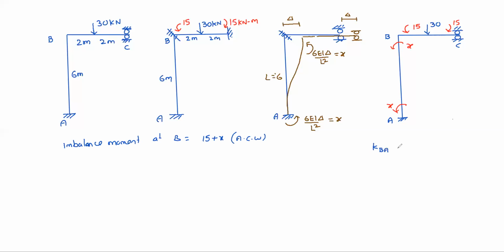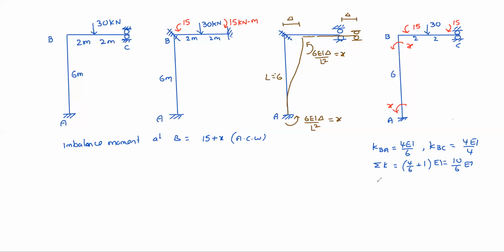KBA equal to 4EI by 6 and KBC equal to 4EI by 4. Now sigma K equal to 4 by 6 plus 4 by 4, that is 1 EI, equal to 10 by 6 EI.